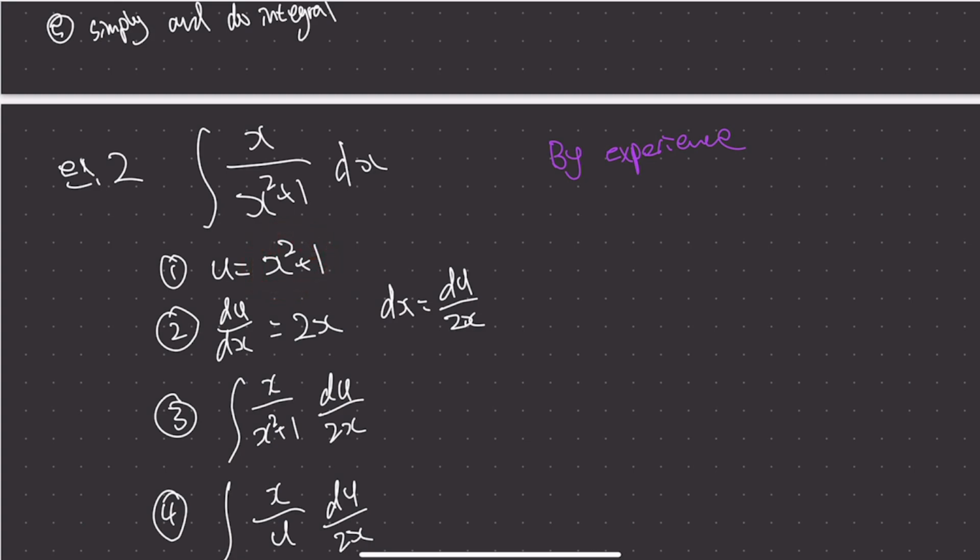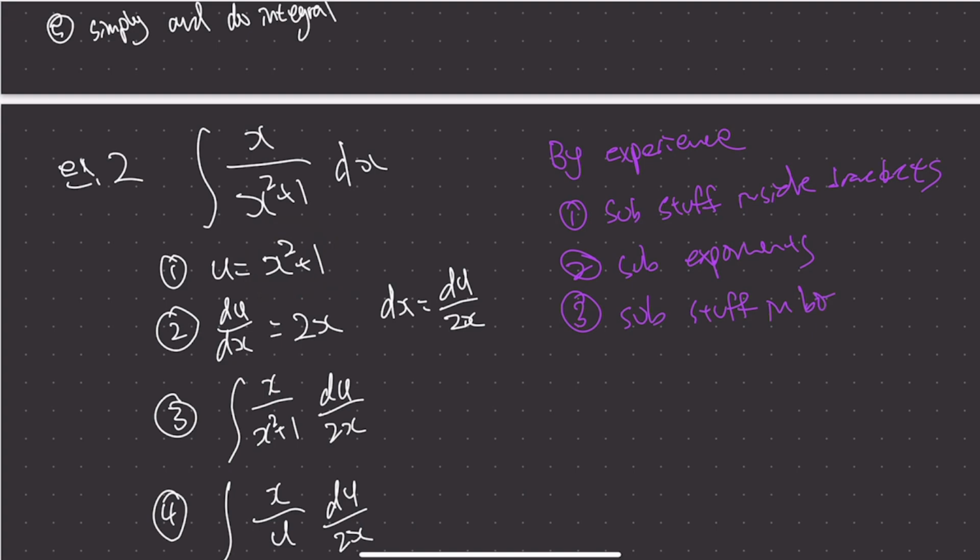But the general rule of thumb you can say is, number 1, you always want to substitute stuff inside brackets, okay? Or number 2, sub exponents usually, okay? And number 3, sub stuff in the bottom. Okay, usually it's like this, okay? And number 4, if your math is a little better, you should be able to plan ahead.